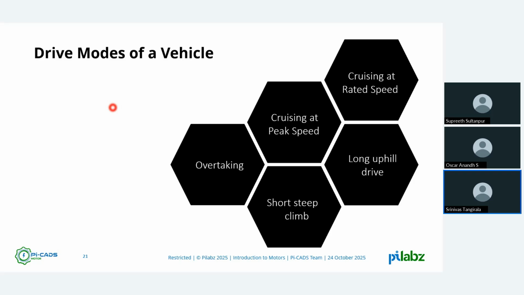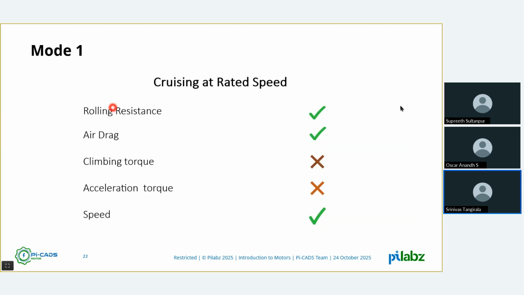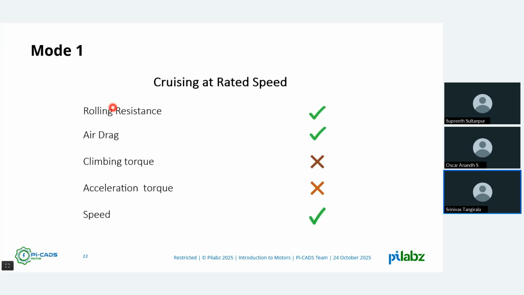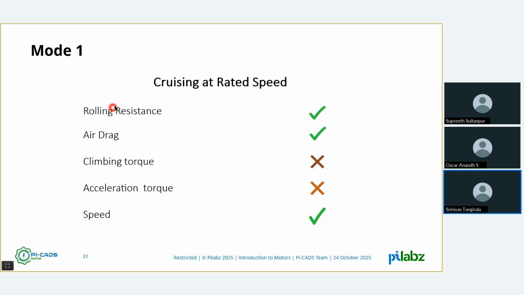Because you will not be driving on a horizontal or flat road all the time. If you look at each one of these driving modes, let's say mode 1, cruising at rated speed, you have rolling resistance. The vehicle tires are in touch with the ground and it experiences resistance. And there is also air drag. You cannot avoid air wherever you drive. Maybe the air will be less dense at elevation than at ground level, but you will experience air drag.